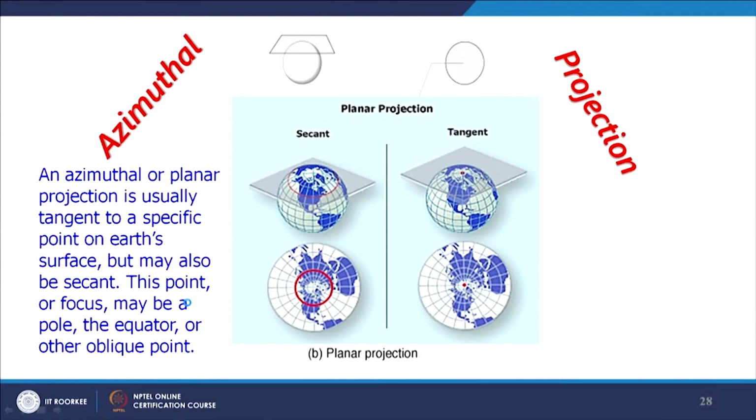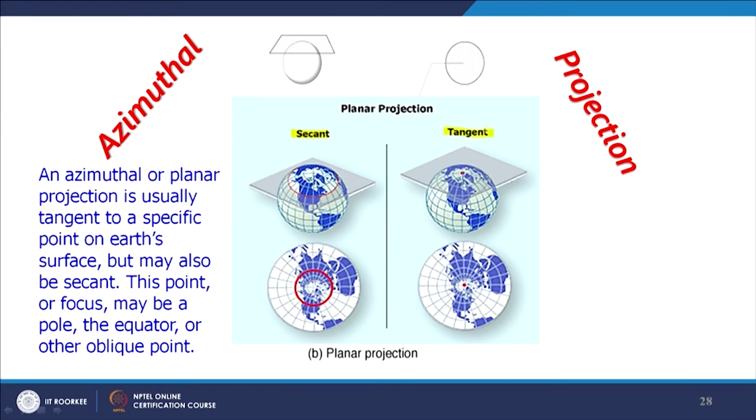Whereas an azimuthal projection only preserves the correct distance relationship along a few lines on the map, because it is just touching at one point. So, only on a few lines on the map it is good, but otherwise it is bad. If you are having a secant touch, it would be like this.